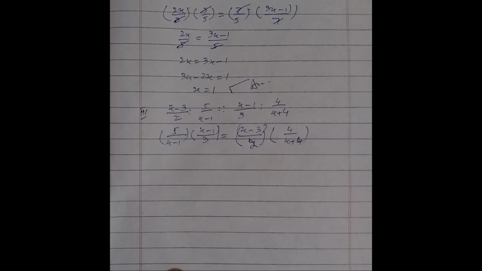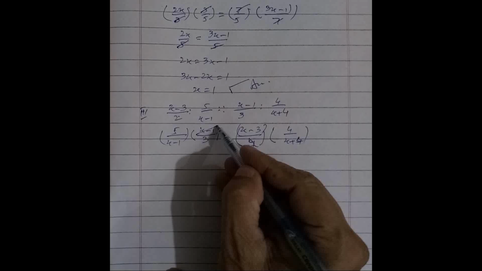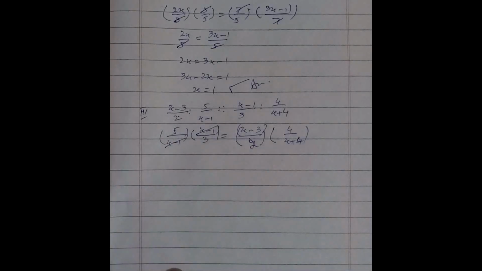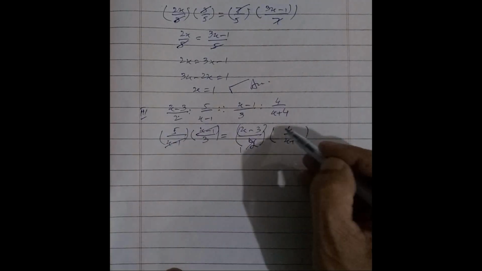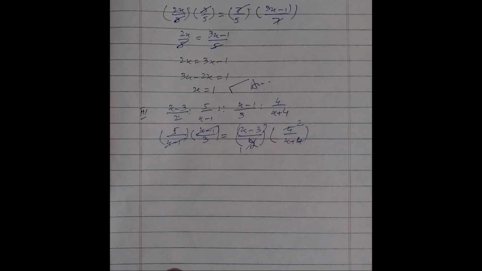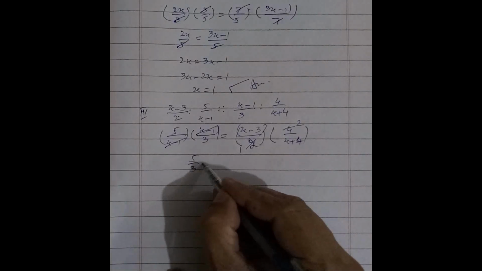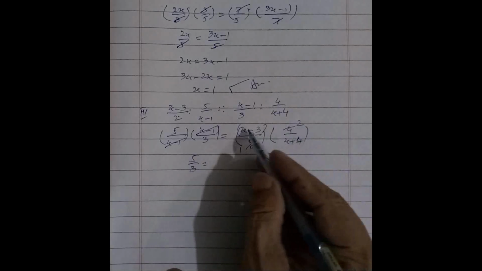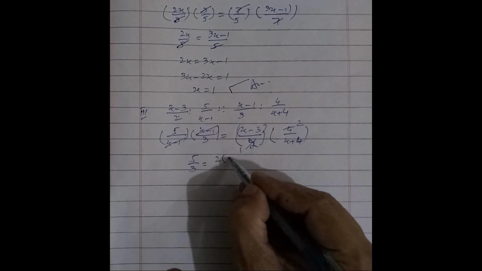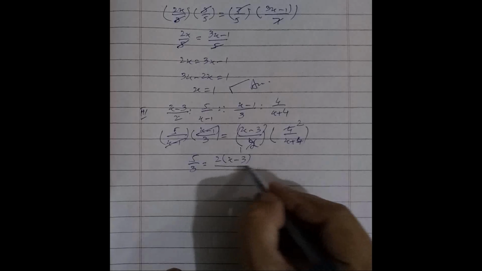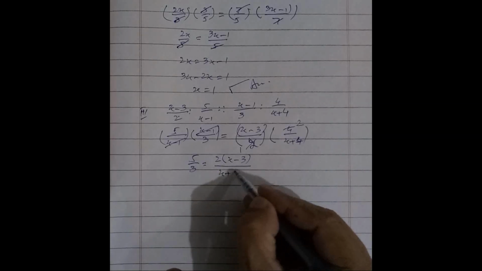Now simplify these values. x minus 1 cancels with x minus 1, 2 ones are 2, 2 twos are 4. Now by simplifying we get 5 over 3 is equal to 2 multiplied by this value, (x minus 3) over (x plus 4).